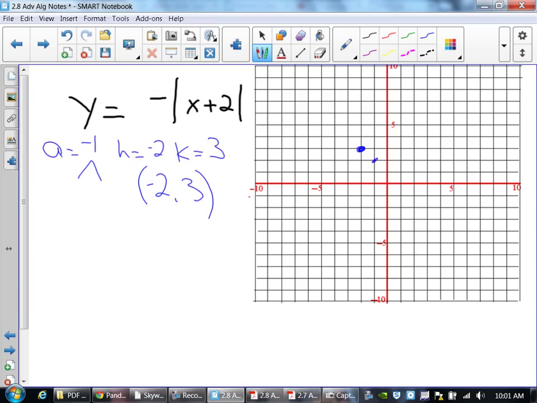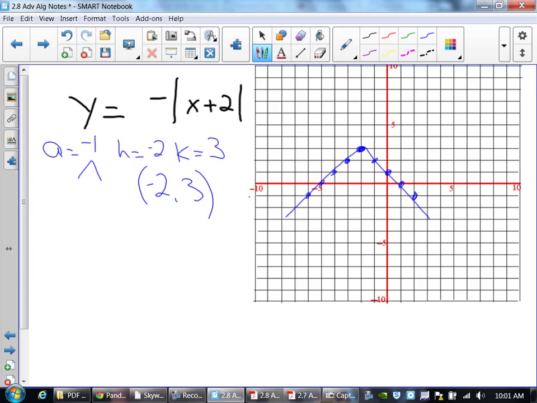Down one, right one. Down one, right one. The symmetrical one would be down and left. And lo and behold, you've got an absolute value graph.